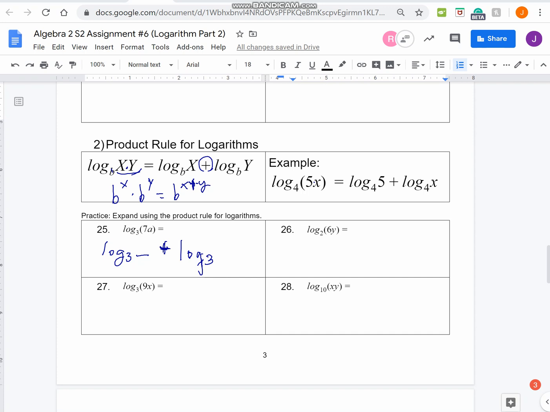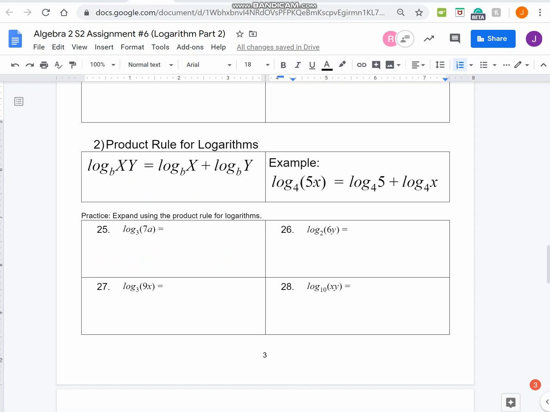All right, so what should be that argument in here and here? The number goes here is going to be 7, and then the letter goes here is going to be a. So log base 3 of 7 plus log base 3 of a. So what I need you to do is the same thing. You're going to break it down into log base, whatever that space is, and then in the middle, you're going to put plus, and then you're going to put another log.